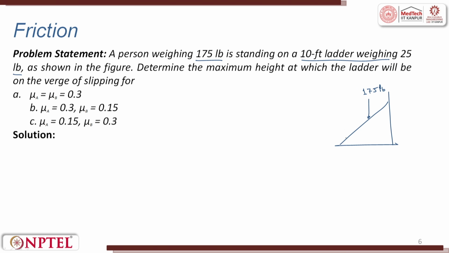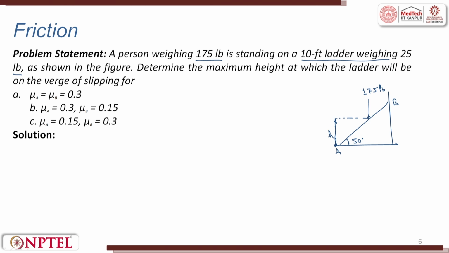So, this is given in the figure that this angle is 50 degrees, right, and the person is standing, let me say, at a height h. So, let me say these points as A and B. So, this is a ladder the way it is shown.